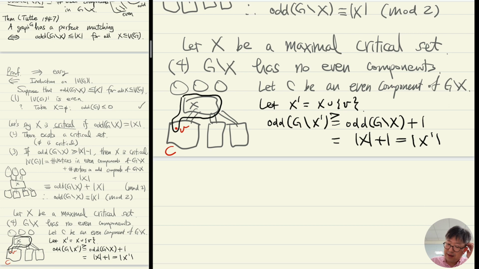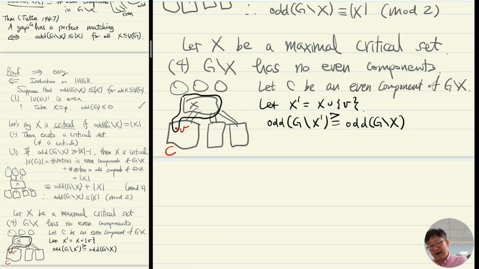But actually it doesn't matter. Let me simplify the proof. We can just say that this is at least X prime minus 1. Right? And by the third claim, by the parity issues, this means X prime is critical.